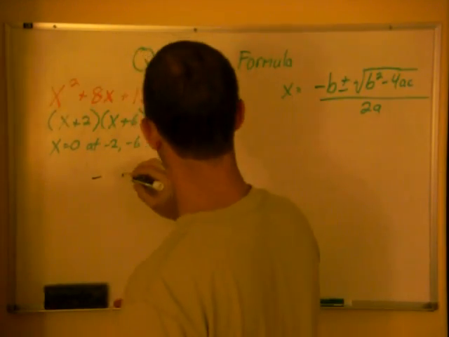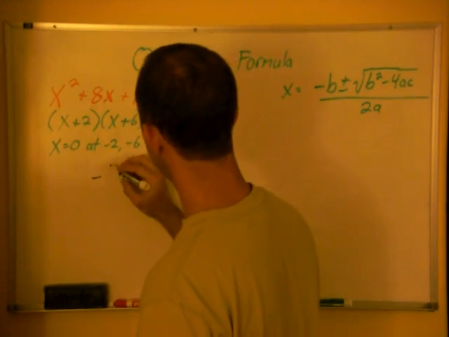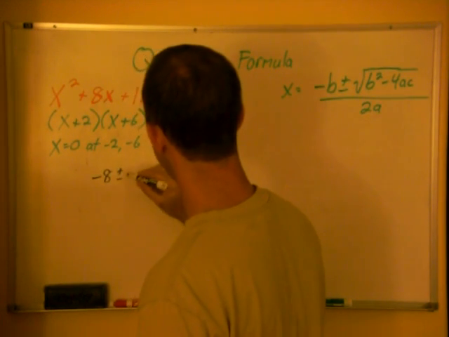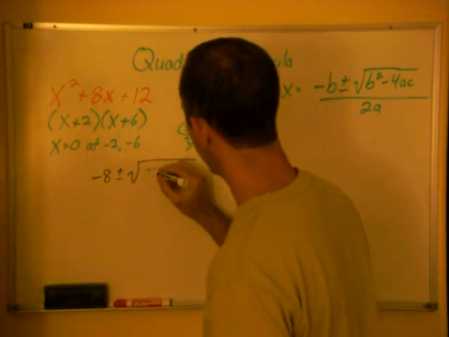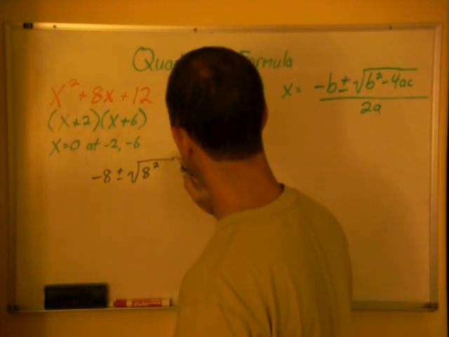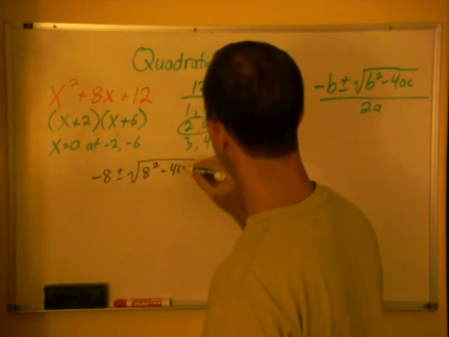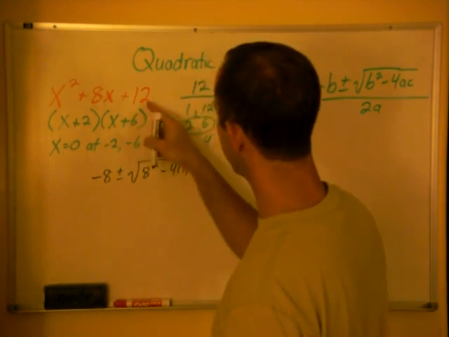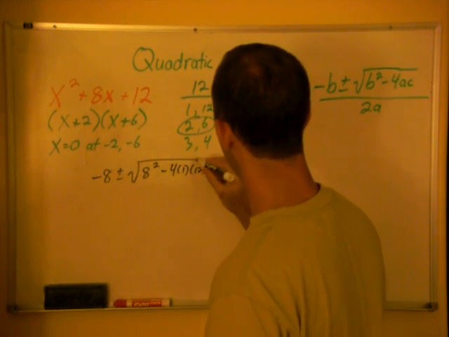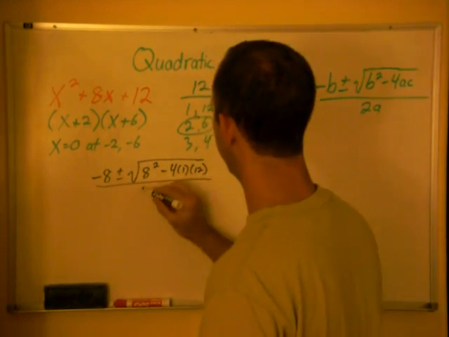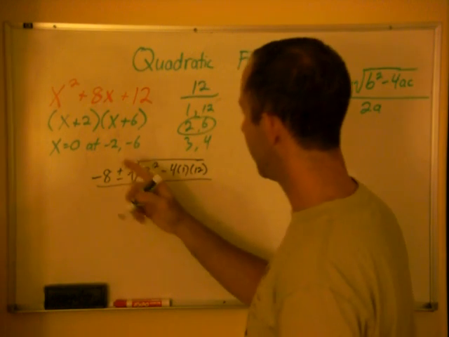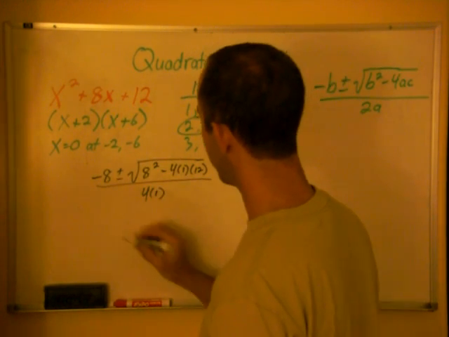Okay, you get negative 8 plus or minus the square root of 8 squared minus 4 times a, which is 1, times c, which is 12, all over 2 times a, which is 1. Okay, now we're going to simplify.